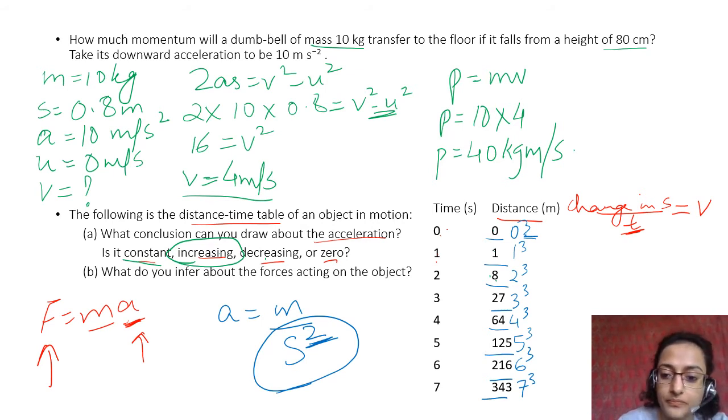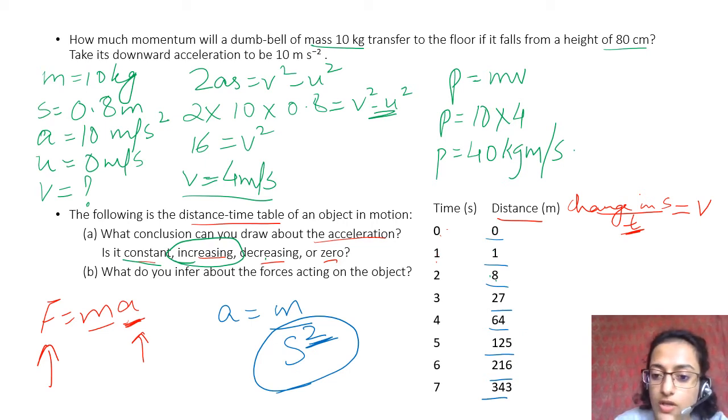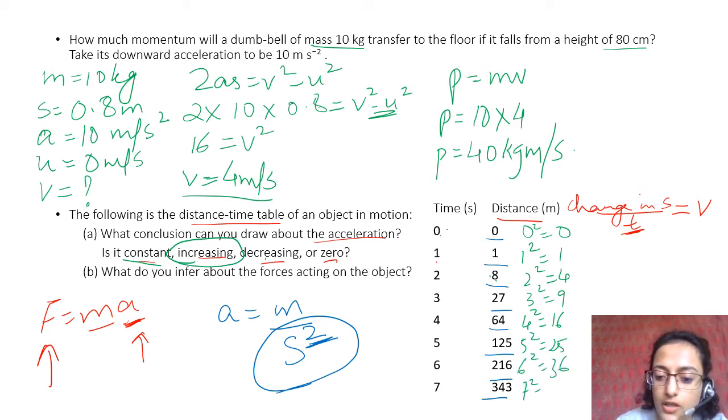Let us take squares of these, right? 0 square is 0, 1 square is 1, 2 square is 4, 3 square is 9, 4 square 16, 5 square 25, 6 square 36, 7 square 49. Okay, now look at the difference of these: 1, 3, 5, 7.